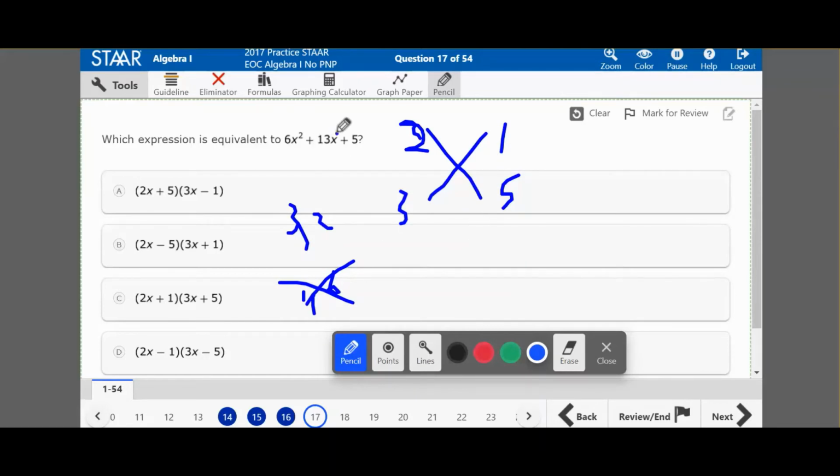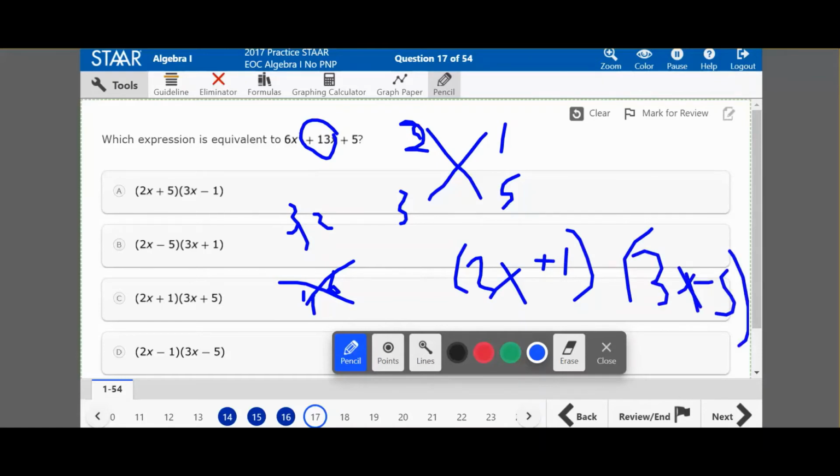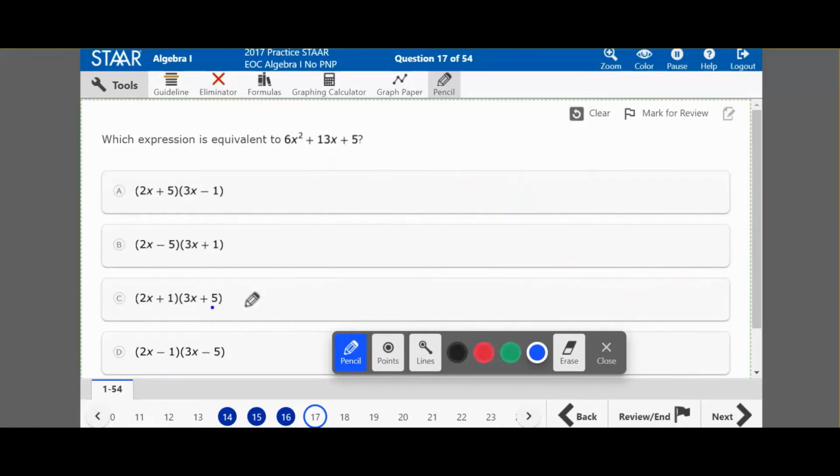So we get our middle value, and we have our correct equation. The correct equation is 2x plus 1 and 3x plus 5. Oops, that looks like a minus, but it's a plus. If we look at our answers, it is 2x plus 1 times 3x plus 5. It is C.